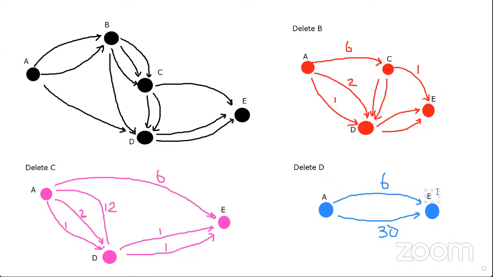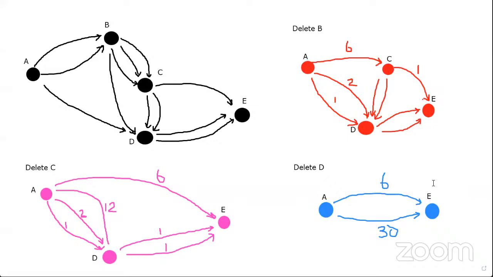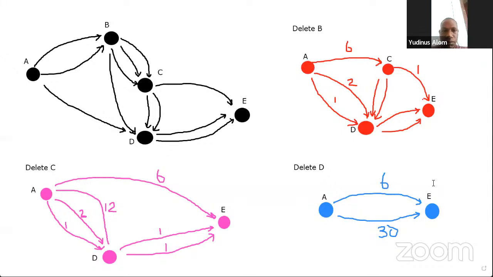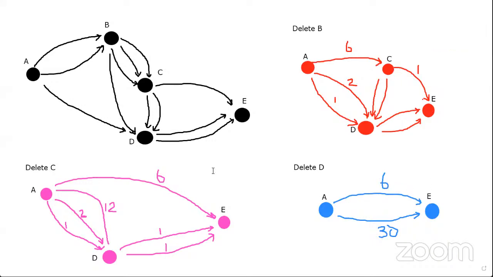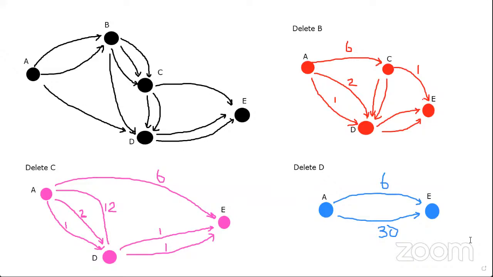Eudemus, how many ways from A to E now? 12, Prof. Lilian Bulawan, yes, sir.